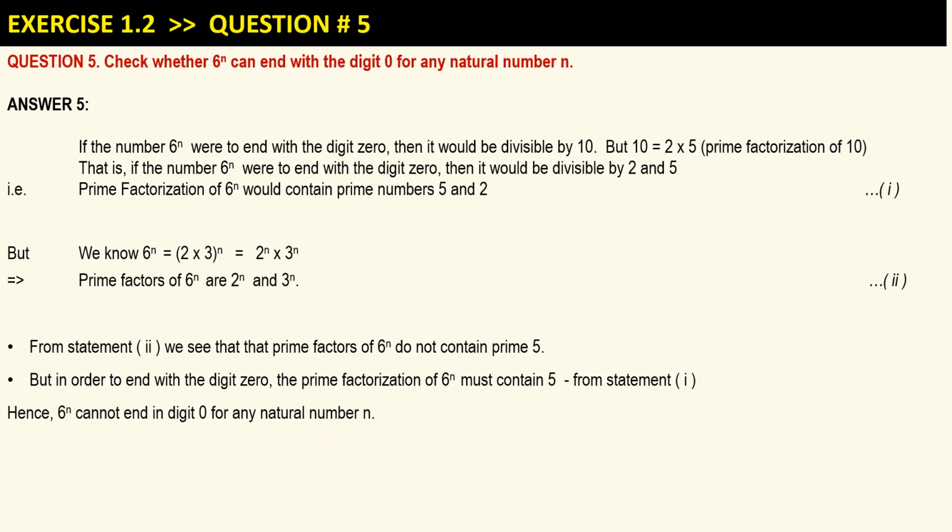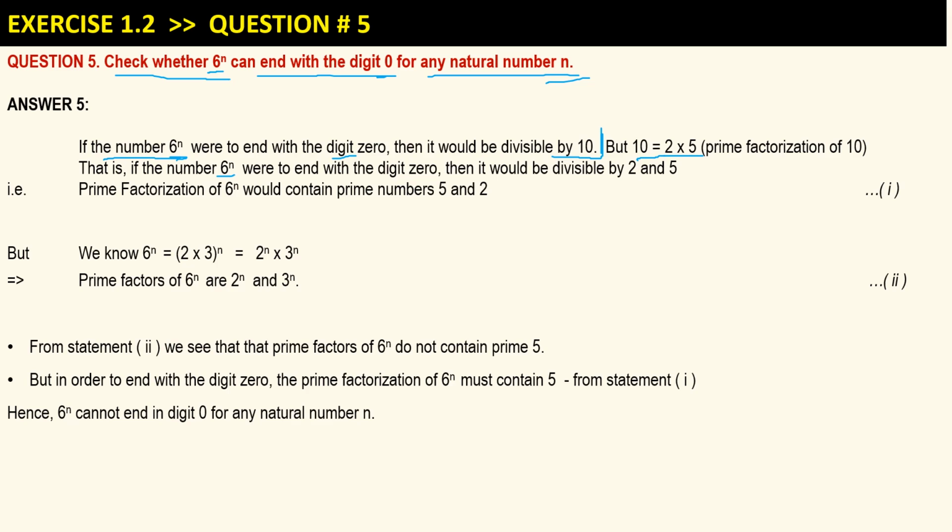Let's now solve question number 5, which says check whether 6 raised to power n can end with the digit 0 for any natural number n. So we know that if the number 6 raised to power n were to end with the digit 0, then it would be divisible by 10. We also know that 10 can be prime factorized as 2 multiplied by 5.